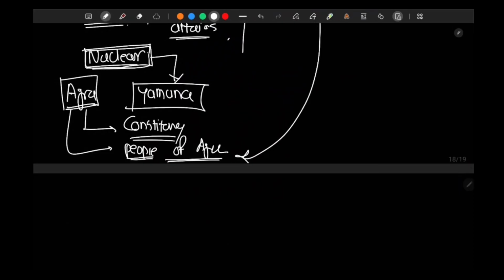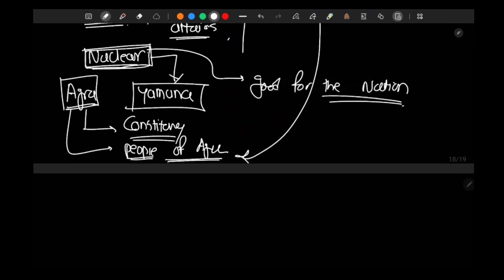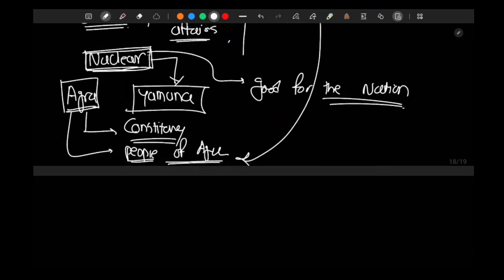Because the nuclear power plant is good for the nation. This is the difference, right? In trustee model, you do whatever is good for the nation. In delegate model, you just follow the will of your constituents, the will of your people. This is the difference.